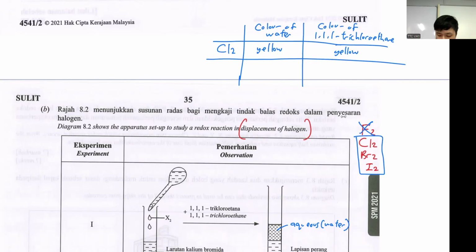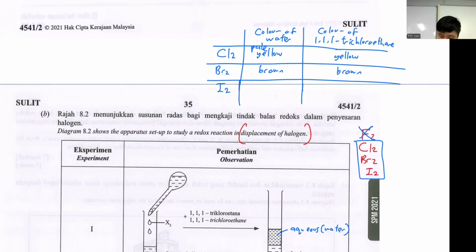For bromine, both are brown. For iodine, you get brown for the water layer and a purple layer for the 1,1,1-trichloroethane.